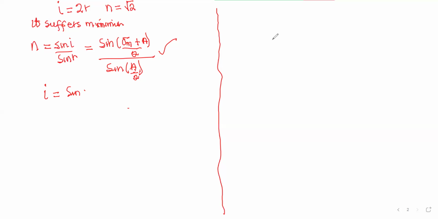Let me explain to you why this is it. You see, total deviation is equal to I plus E minus A. Class, are you with me? And at the minimum deviation, we said angle of incidence is equal to the angle of emergence, meaning at the minimum deviation we don't have separate angle of incidence and separate angle of emergence. They are all the same.